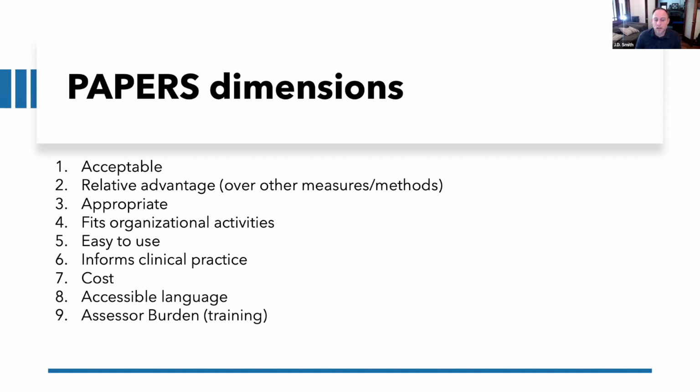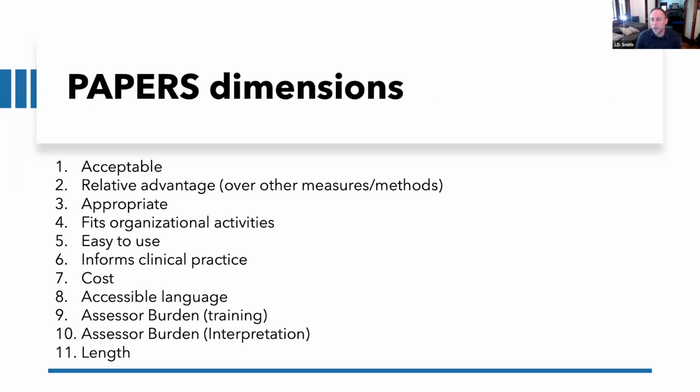They looked at what the assessor burden would be in terms of training for how to learn to administer the scale, score the scale, all those sort of things, and then assessor burden and interpretation. So this really came into play when you had results and had to try to figure out and make meaning of what the heck the scale meant. The assessor burden for interpretation was how they interpreted that.